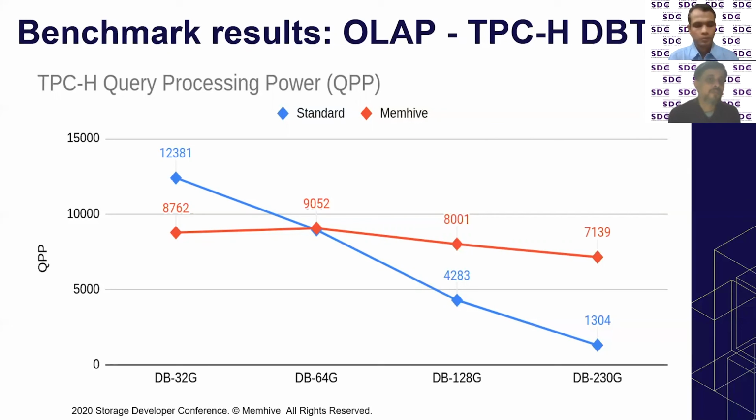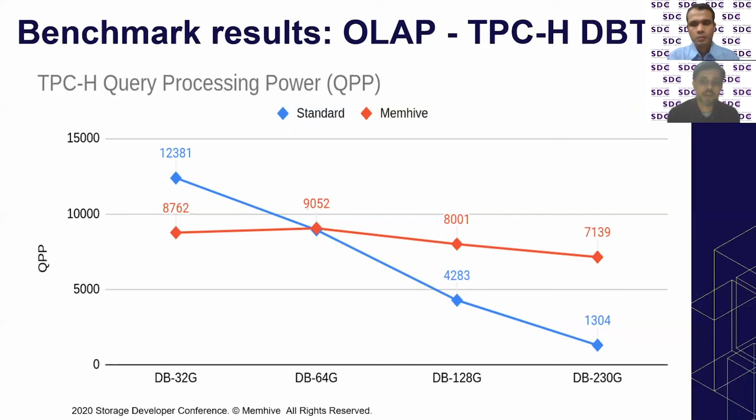The first data point that you see here, the standard Postgres v12, is actually outperforming memhive. Why is this the case? This is because of the 90 gigabytes that fit into the RAM. As you see the database size increases, the RAM is limited, and hence it starts performing lower and lower.